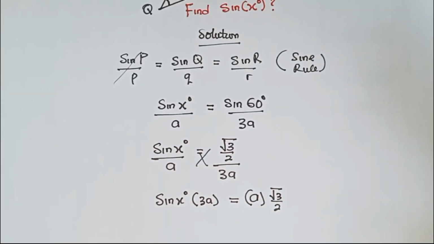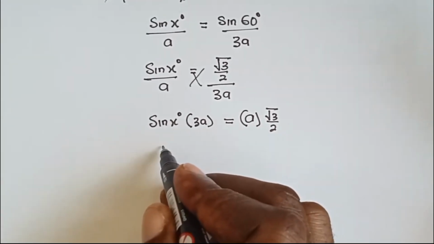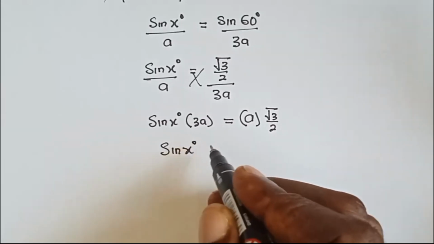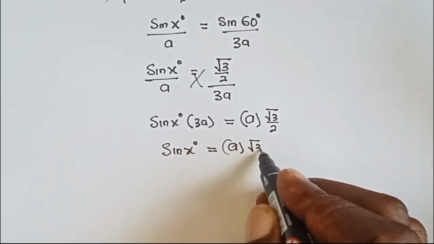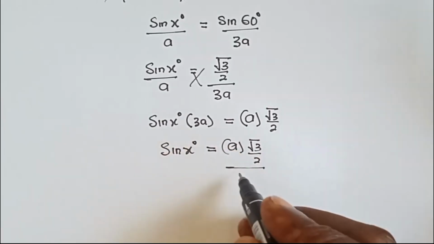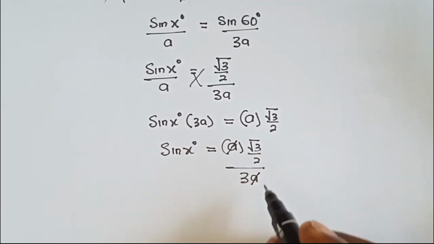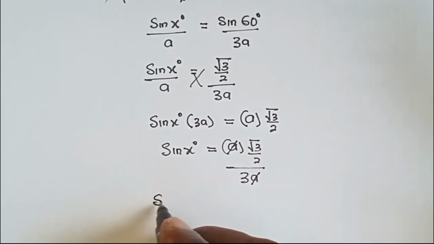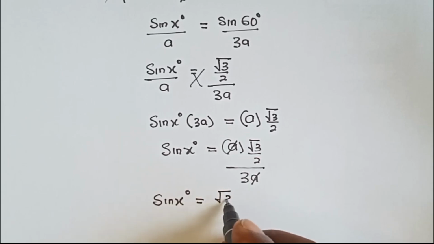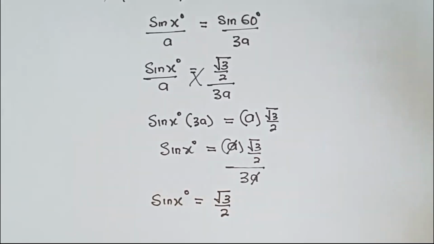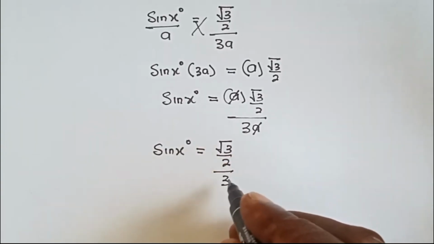Okay, from here we can divide both sides by 3a. Dividing both sides by 3a, we have sine x degree equals a multiplied by root 3 over 2 divided by 3a, and then from here we cancel this a. Then we have sine x degree equals root 3 over 2 divided by 3.